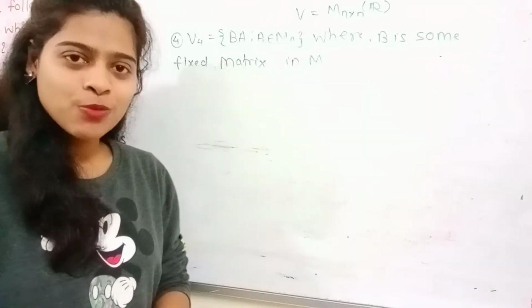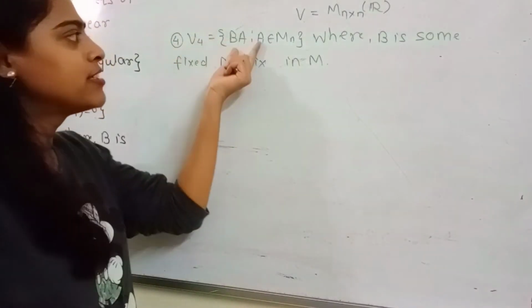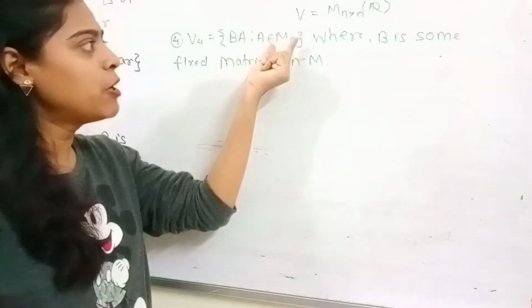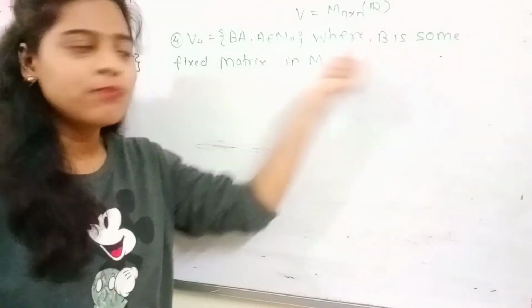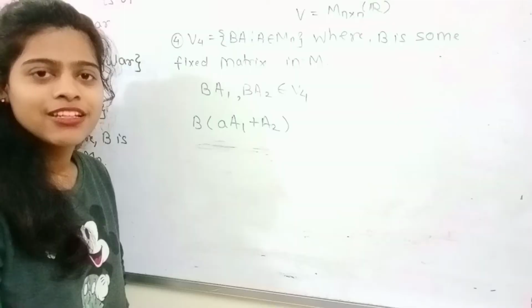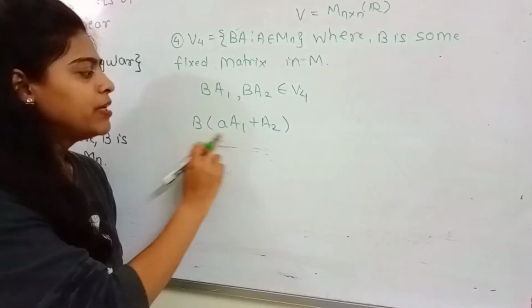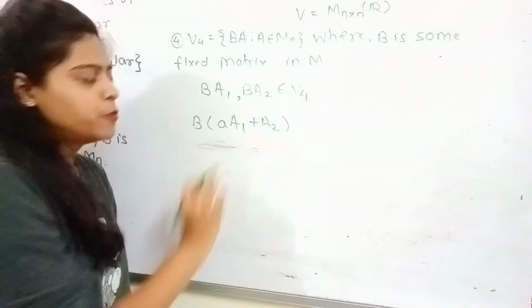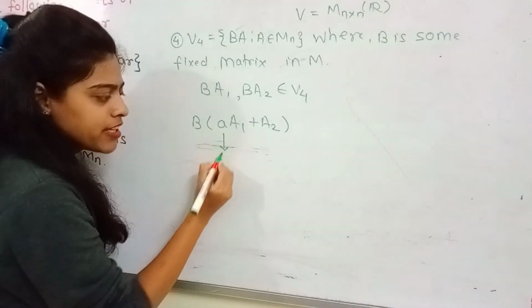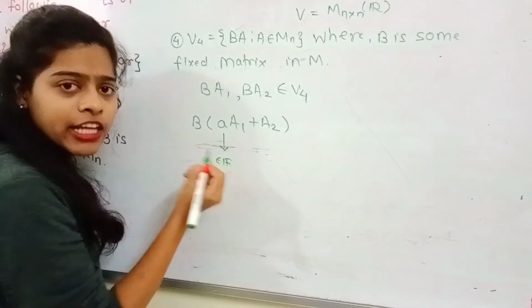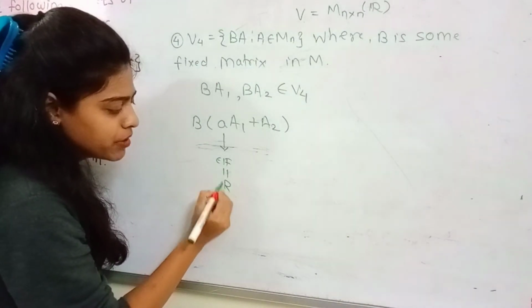Now consider the last option, option 4. Option 4 is V4 equal to BA such that A belongs to Mn, where B is some fixed matrix in Mn. Now we consider B into a A1 plus A2. Here a is a constant, therefore it belongs to the field, and here the field is equal to the real numbers.